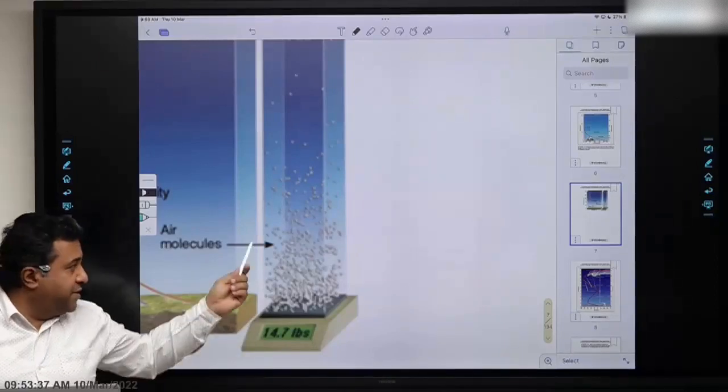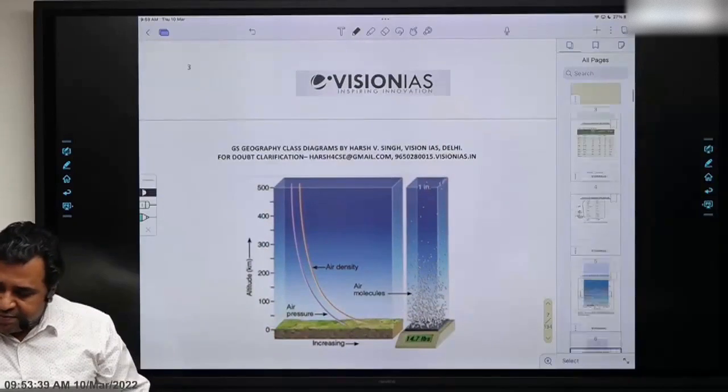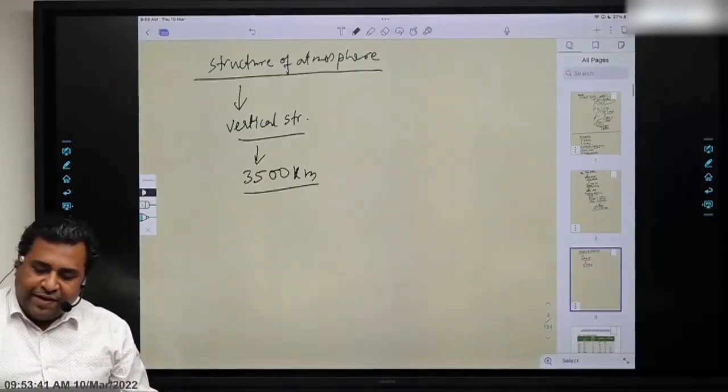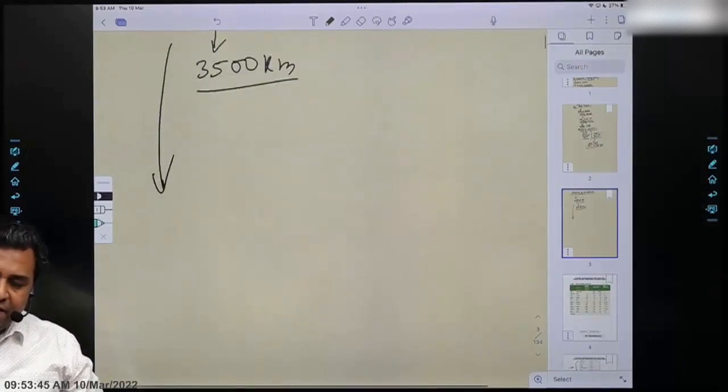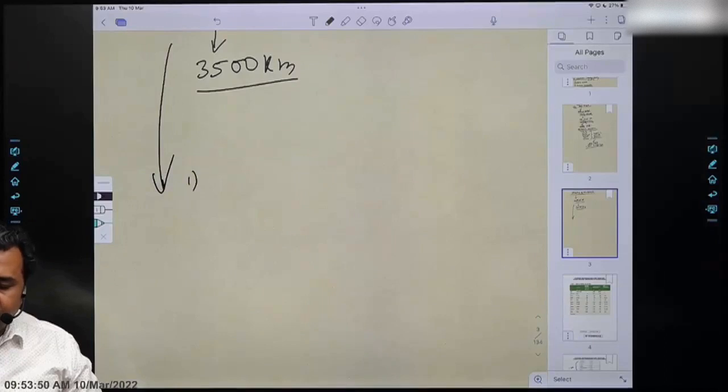So when you talk of the structure further, this part here, we talk of the vertical structure of the atmosphere in two terms. One in terms of the chemical composition. Please do write this.